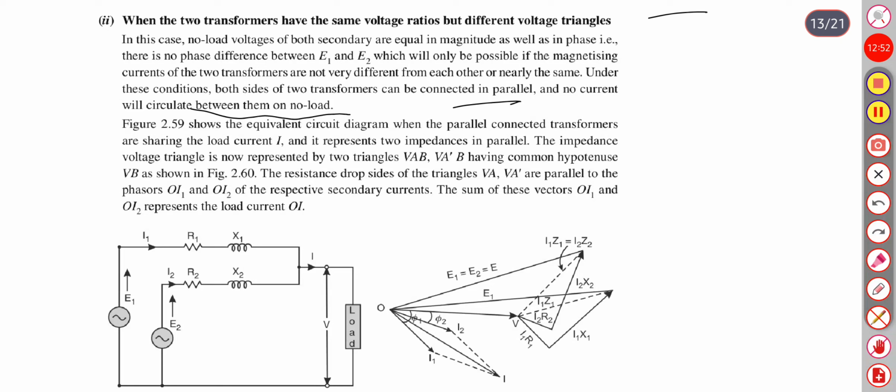The figure shows the equivalent circuit diagram when parallel connected transformers are sharing the load current I, and it represents two impedances in parallel.